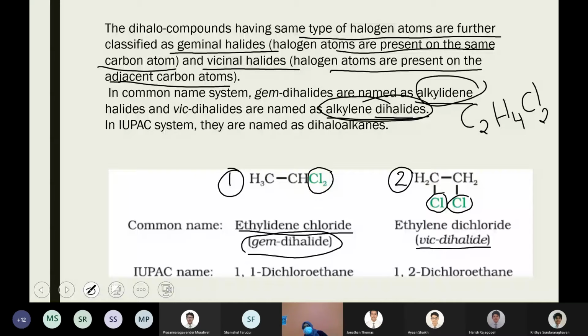For IUPAC, the rule is the same. It's not changing. You have to number and write the position of the halogen. So you can see 1,1-dichloroethane and 1,2-dichloroethane. So basically the position of the halogen is changing. Everything else is the same. Only the position of the halogen is different here.